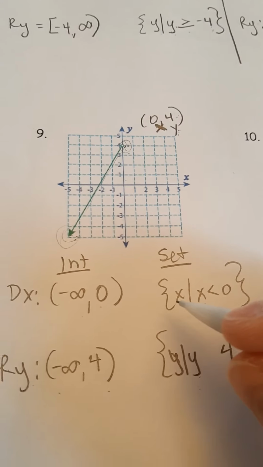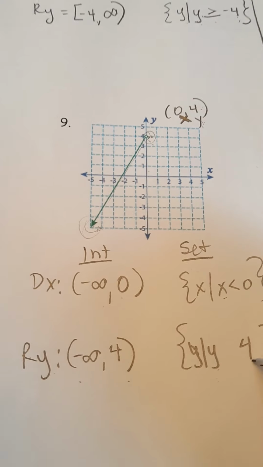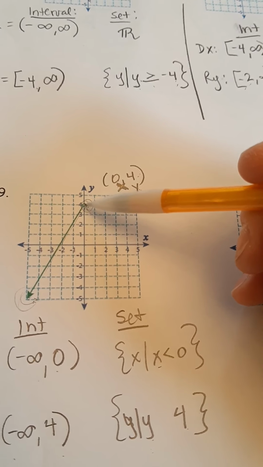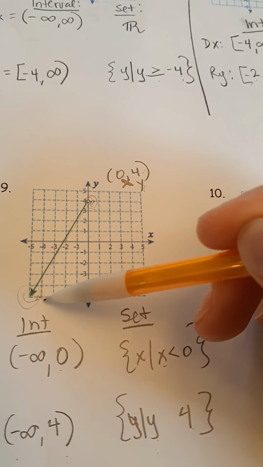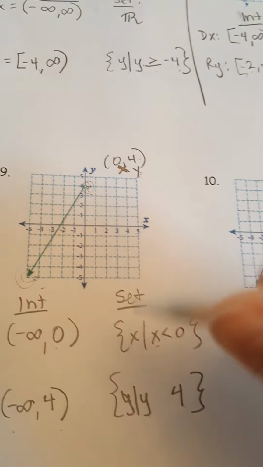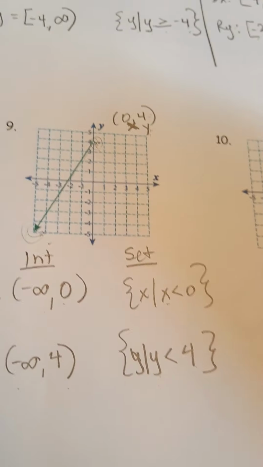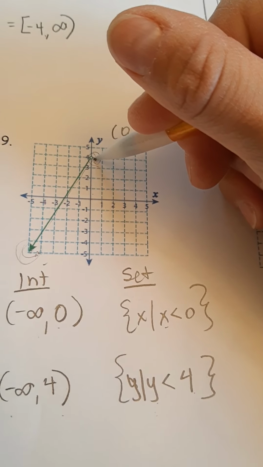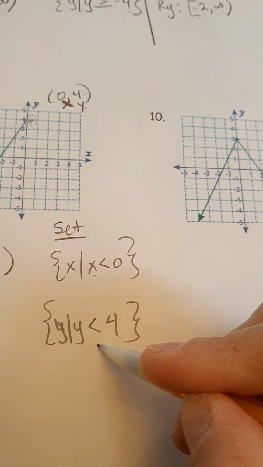Now I have to figure out, are the y values bigger or smaller than 4? I'm here at 4, and the arrow is going down, so my values are getting smaller, which means less than. And it's an open circle, so it's just less than.